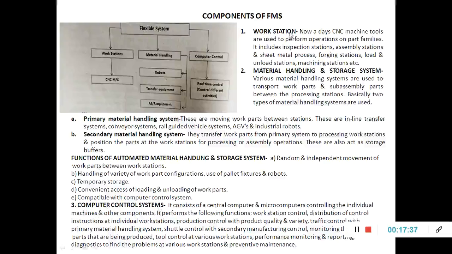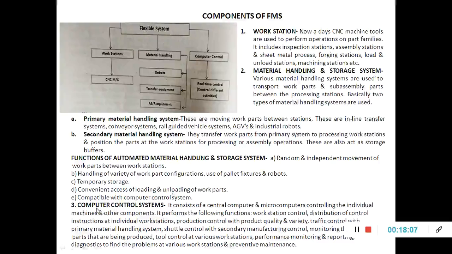Now first one is the workstation, second one is the material handling and storage system. Now all these workstations and material handling and storage systems are controlled with the help of computers. Here manual involvement is very less. Everything, the working of a workstation, transferring the work from one center to another center, finished product going to be stored into a part casserole, everything is done with the help of a computer.